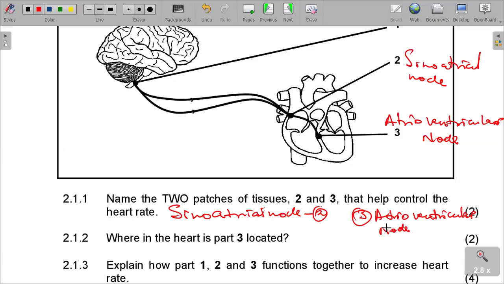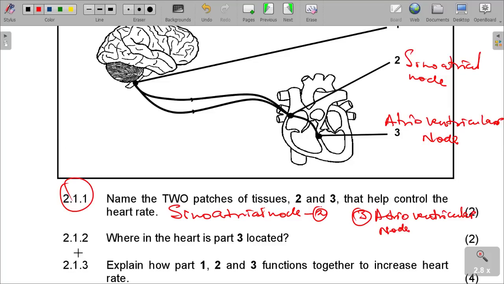Please just take note of that to say these are the two patches. 3 is the atrioventricular node, and 2 is the sinoatrial node. That is what the question wants us to answer, to identify 2 and 3.